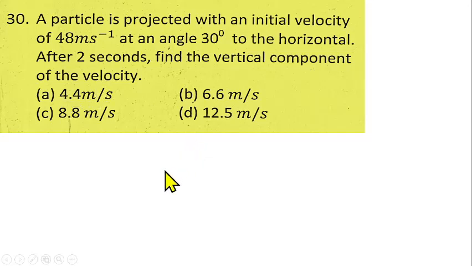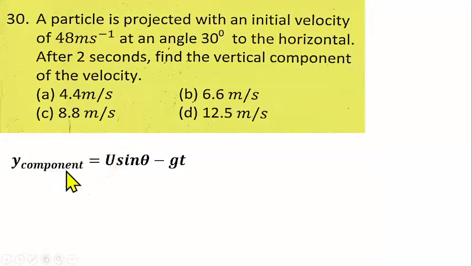So the vertical component of the projectile, that is the y component, is given by v_y equals u sin theta minus gt. And we know the initial velocity, which is u, and we know the angle of projection, which is 30 degrees.